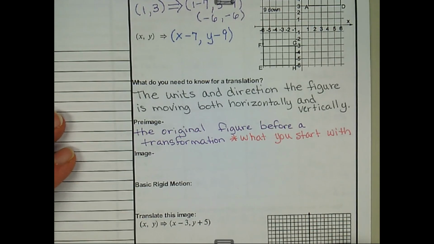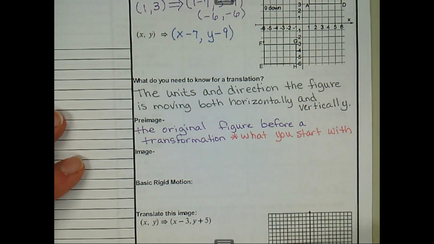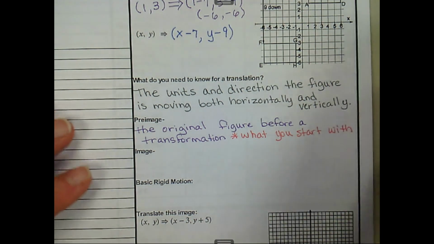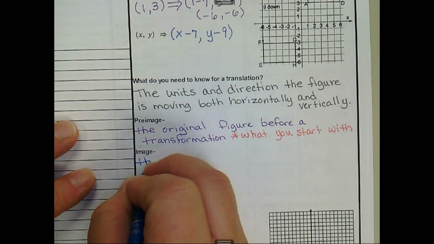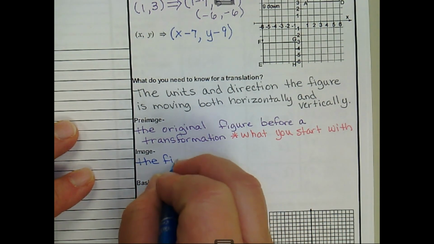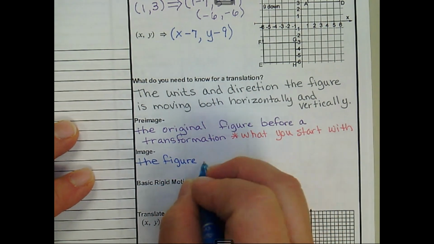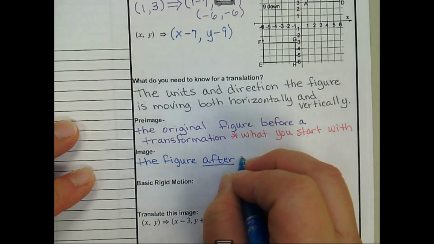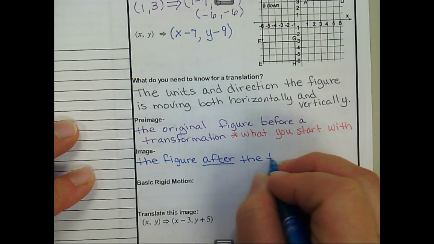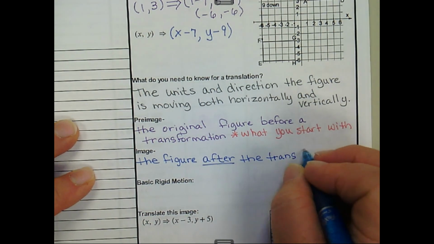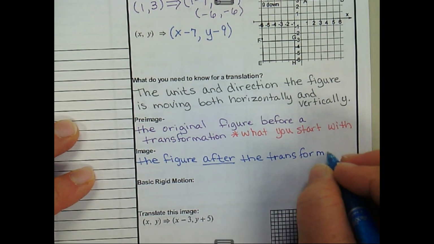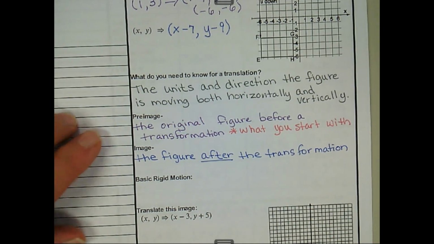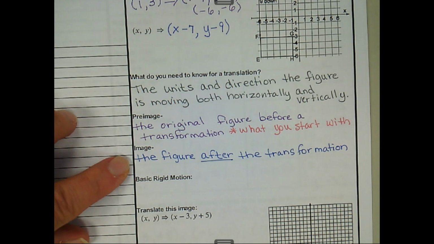Your image is the figure after the transformation. So, pre-image is where you begin, image is where you end up at.